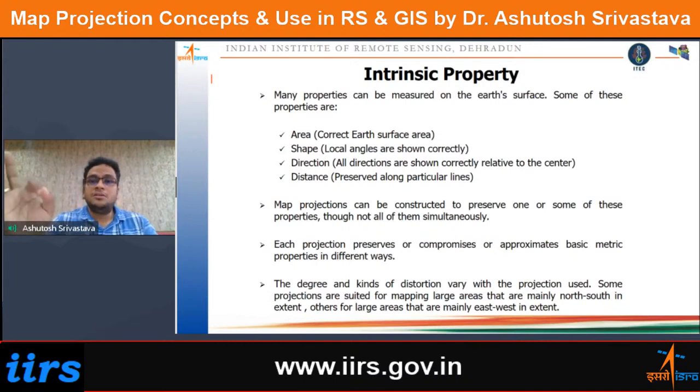Okay, now these map projections preserve at least one property, or maybe two properties, but not all properties. Like you want to preserve the area, the shape, the directions, the distance, whatever we discussed. You want to preserve all, but it's not possible to preserve all these things.